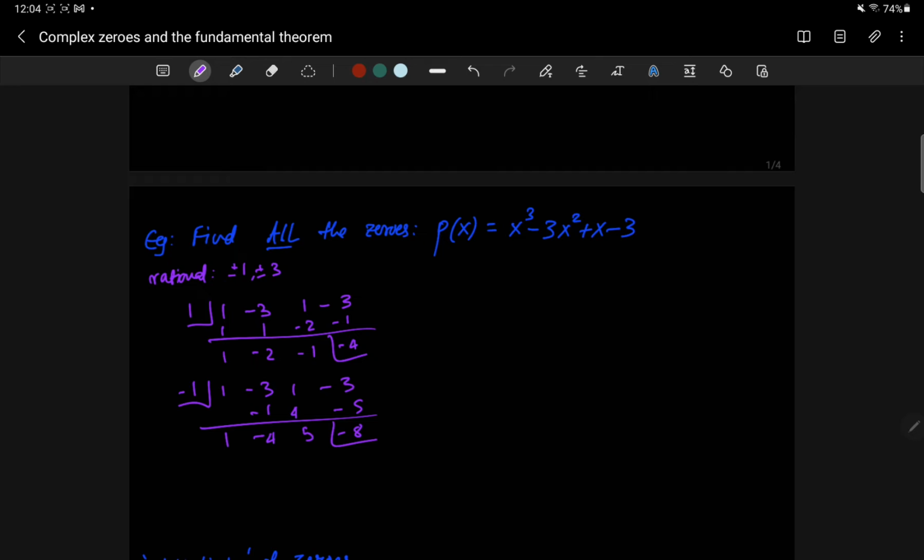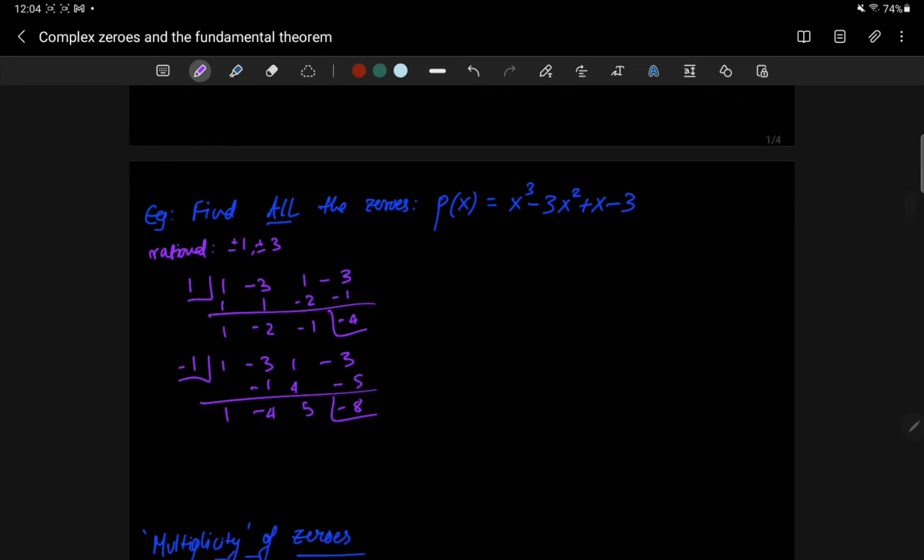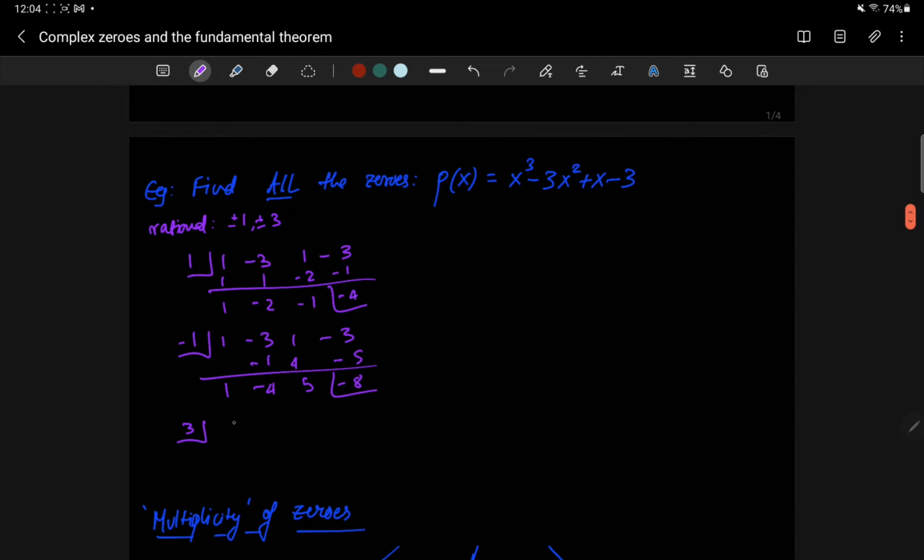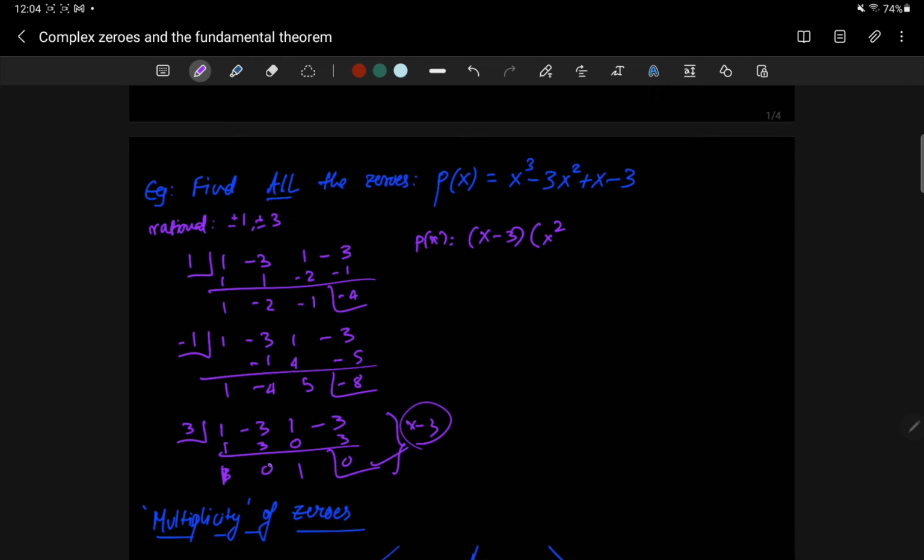That doesn't work. Let me try 3. Actually, let me do 3 down here so I have enough space for the remainder of the problem. With 3: 1, negative 3, 1, negative 3, then 1, 1, 3, 0, 0, 1, 3, 0. That works. So x minus 3 is a factor, right? So p(x) is (x minus 3) times the quotient, which here is x squared plus 0x plus 1.